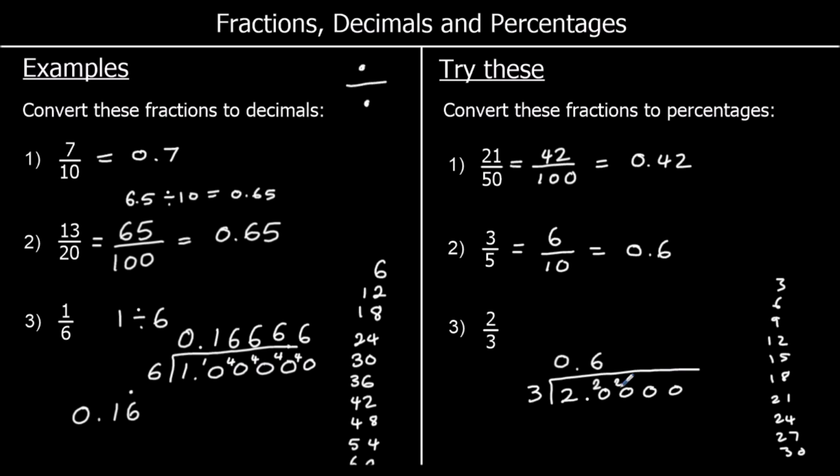With 2 left over. How many 3's go into 20? That's 6, with 2 left over, and so on. So 2/3 is 0.6 recurring, 0.6 going on forever. 0.666666.